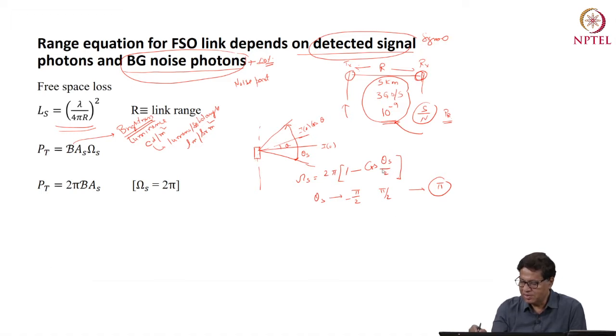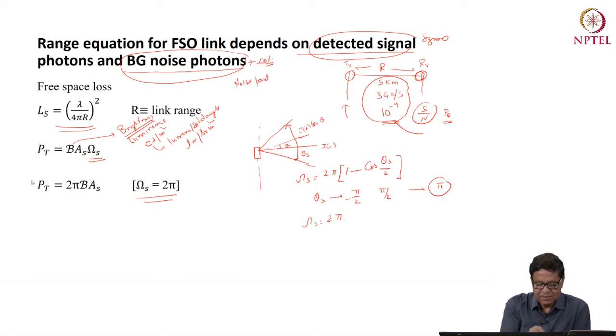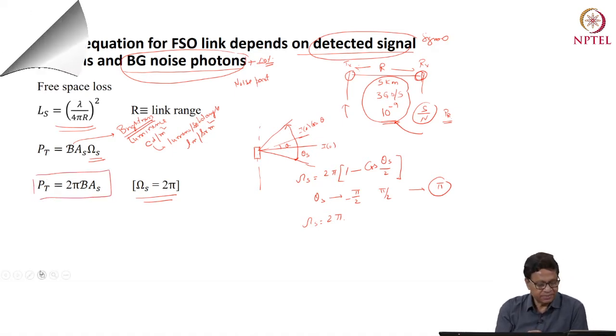If I put theta s as pi here, I get the solid angle as 2 pi, which I have used here, putting omega s as 2 pi. So my PT becomes 2 pi into the luminous function into the area.